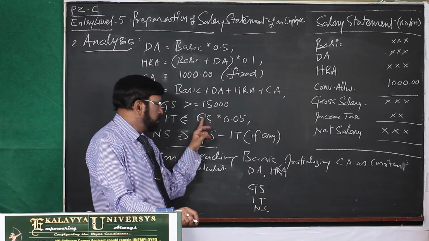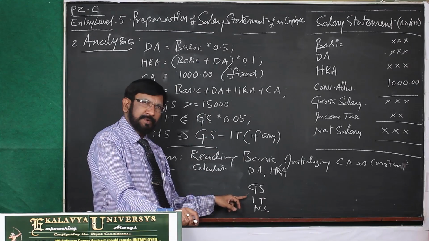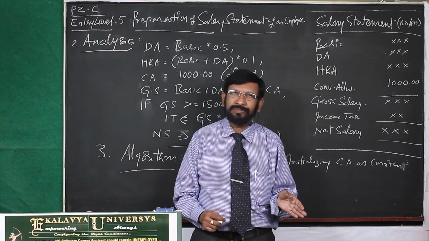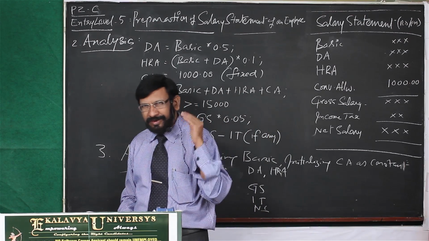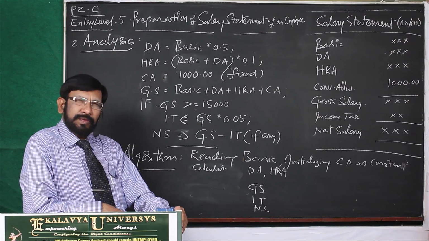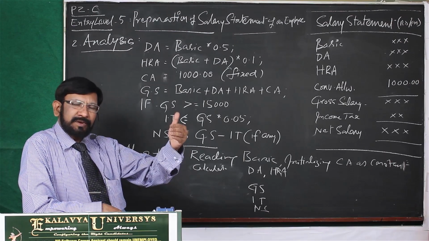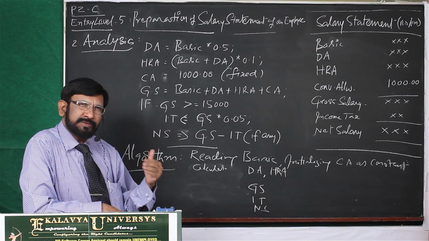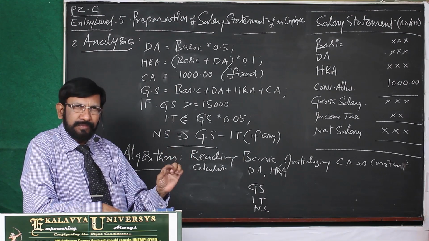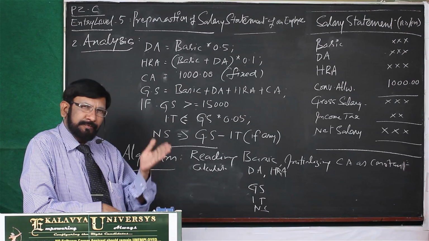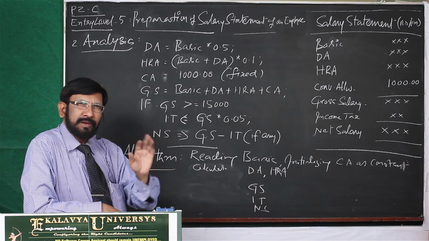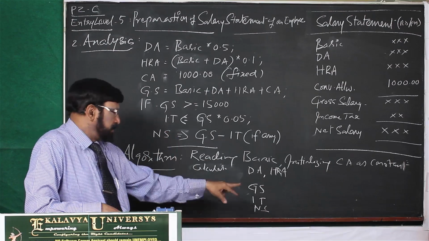Thereafter, we have to calculate income tax. Income tax is calculated for every employee. Just understand that point carefully. For every employee who gets less than 15,000 rupees salary per month, the income tax provision is 0. If they get 15,000 or more per month, it depends.